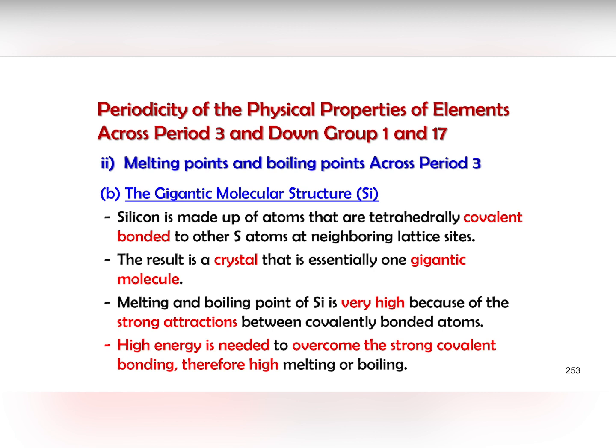It means the structure is very, very large. So the melting point and also boiling point of silicon will also be very high because of the strong attraction between the covalent bonds. Since there is strong attraction, you need high energy to overcome the strong covalent bond, or to break the bond. That is why when we need high energy, the melting point and also boiling point will be very high.